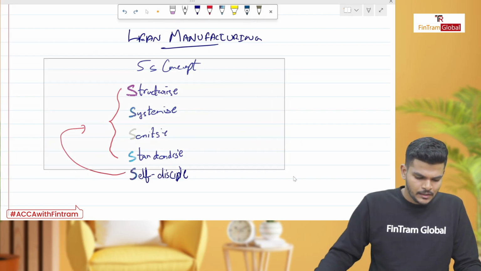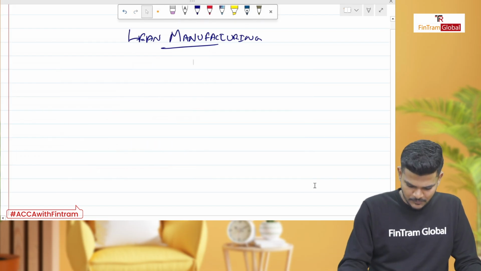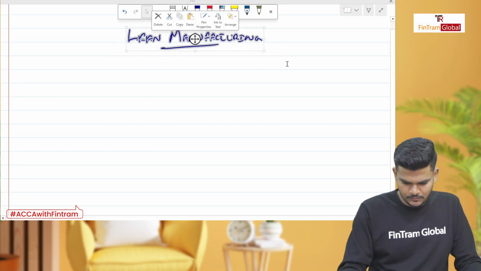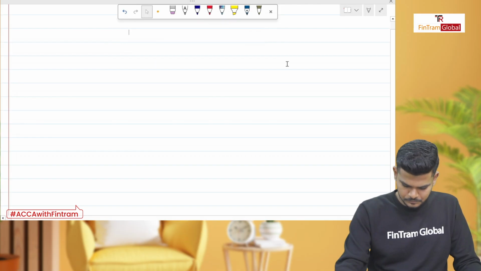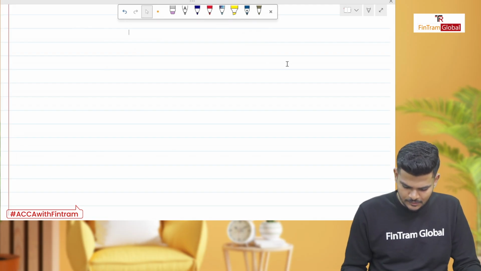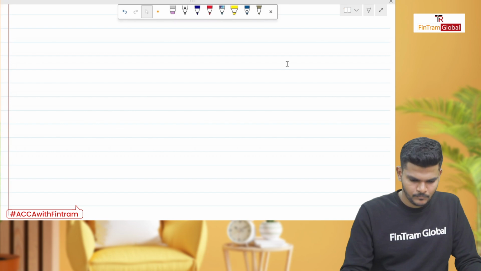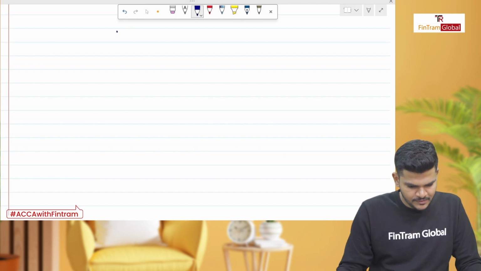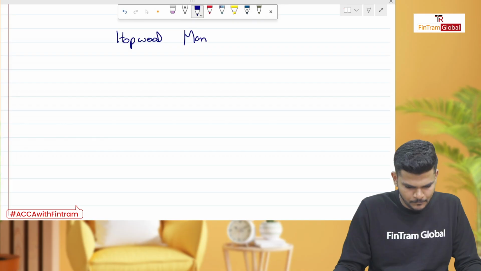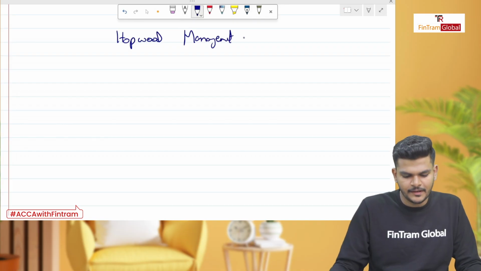Again, that's basically all about this one, and this as well. Now, another aspect which we can look at would be the Hopwood management styles.